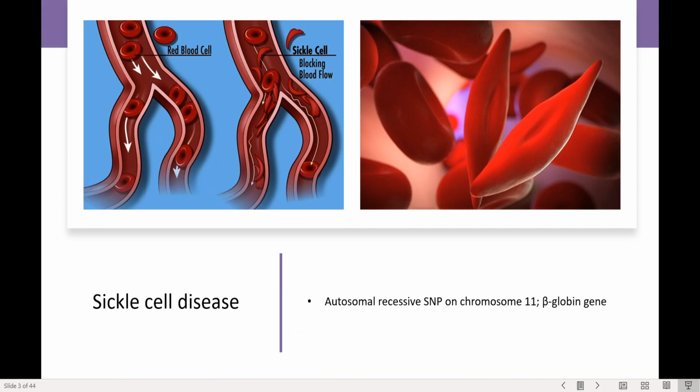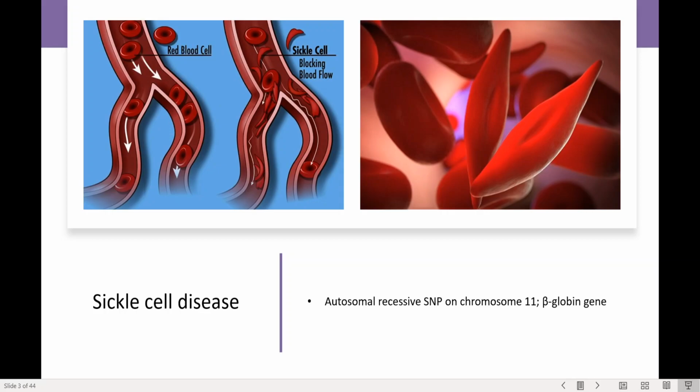Let's start off with a few examples. The first one is a very classic example, sickle cell disease, which is caused by a mutation on one specific nucleotide on chromosome 11, which changes the expression of the beta globin gene, which means that if you have two variations or two alleles that are recessive and encode for this sickle cell, your blood is less likely to carry enough oxygen, and there is a chance that there's going to be some blocking in your veins, and so you're going to suffer quite severely.